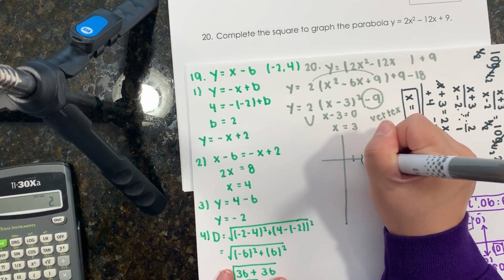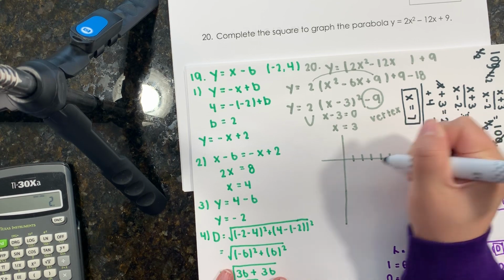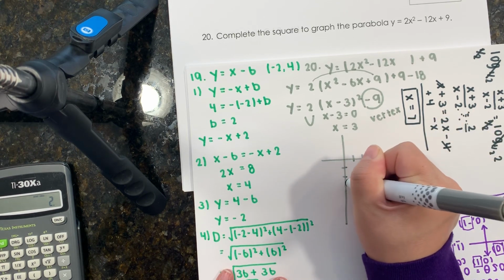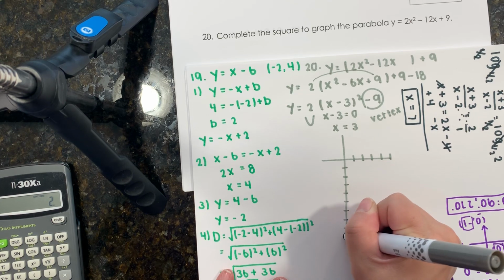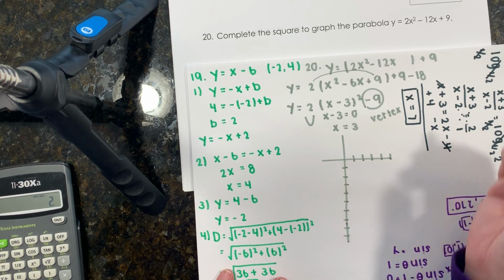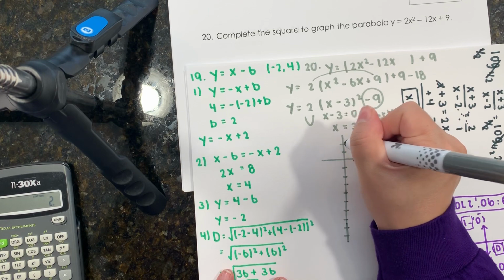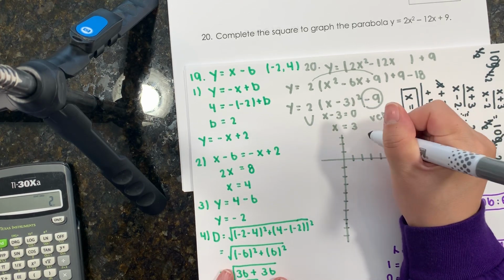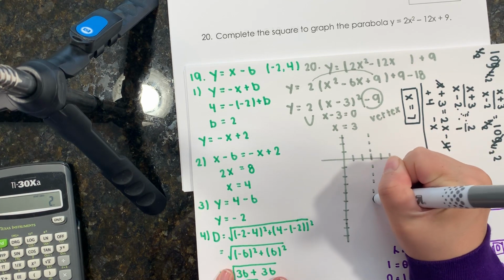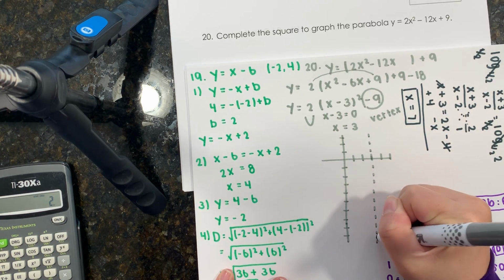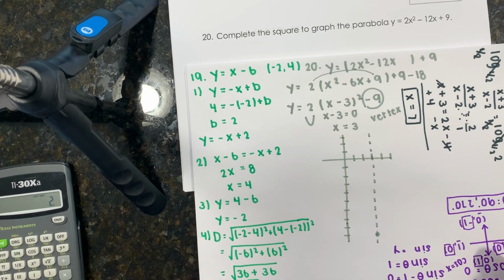So I have 1, 2, 3, 4, 5, and 1, 2. My axis of symmetry is going to be at positive 3. And then at negative 9 is going to be my vertex.